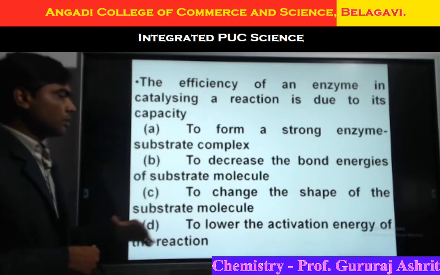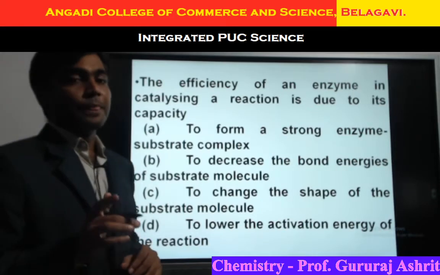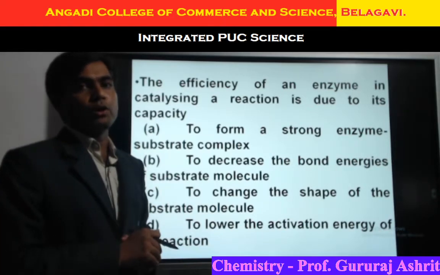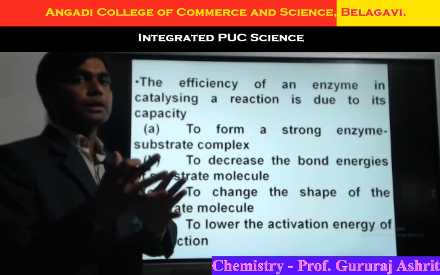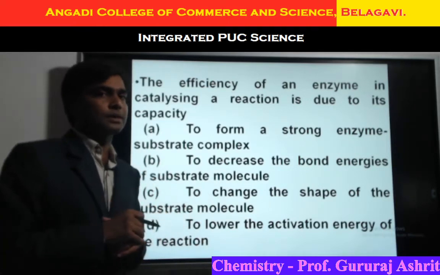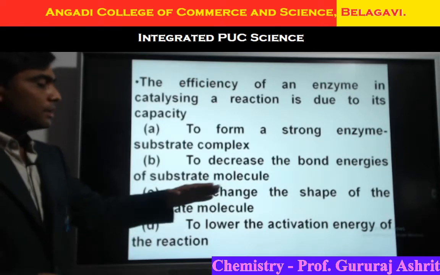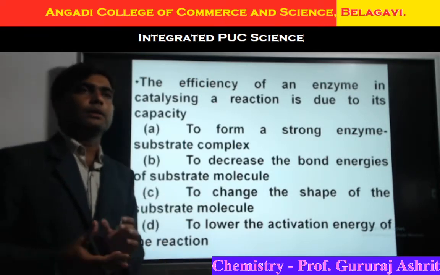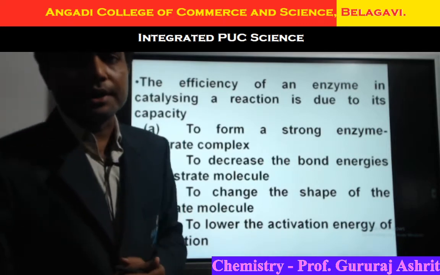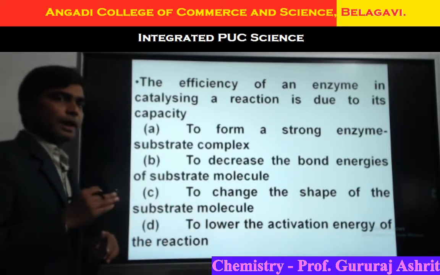Second option is wrong. Third one: to change the shape of the substrate molecule. See, the substrate molecule shape will not change. The substrate is converted to product. The shape is changing, but not only of the substrate molecule. Third option is wrong. And fourth one: to lower the activation energy of the reaction. As I already told, an enzyme is a catalyst, hence it always lowers the activation energy.